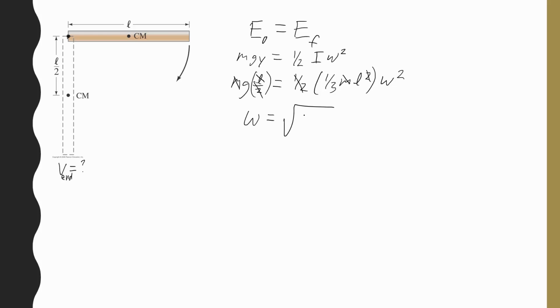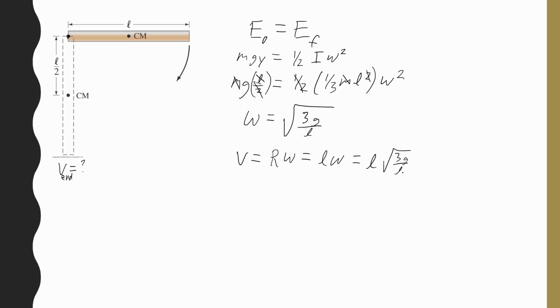The 3 multiplies up over there, and so I'm going to get the square root of 3g over L. That will give me the angular velocity at the end there. And if I want to figure out the linear velocity, then I just have to use the relation that v equals r omega. In this case, r is L, so L omega, and that gives root 3gL.